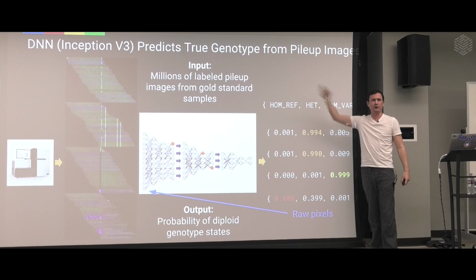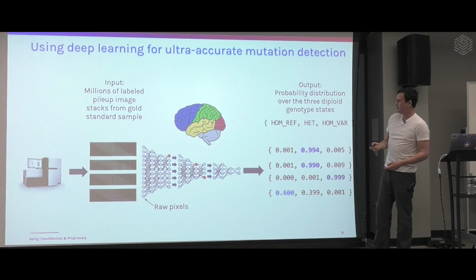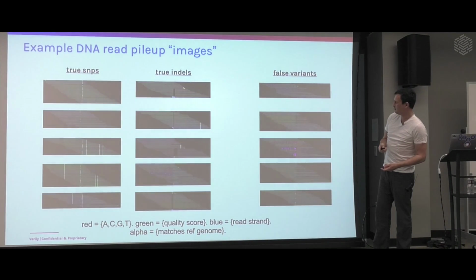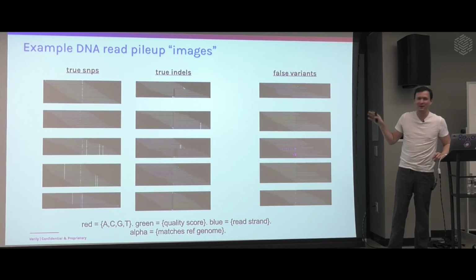So one is identical and one is different from the reference, with some decent scores. I think this is just the same thing. More examples of that. So I just found this fascinating.